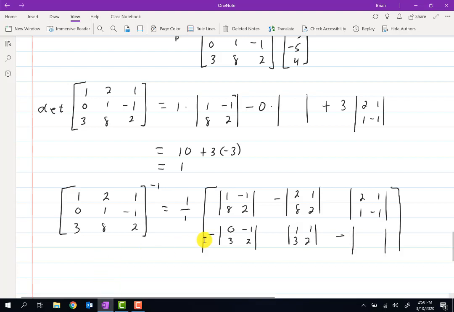And typically, this is the 1, 2, this is the 2, 3 position. So I want the 3, 2 position, which is this guy right here. So cross out its column and cross out its row, and what's left is the 1, 1, 0, negative 1.